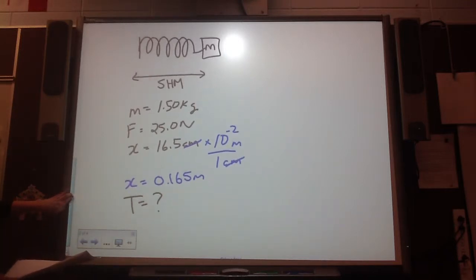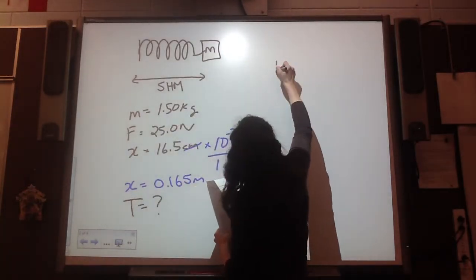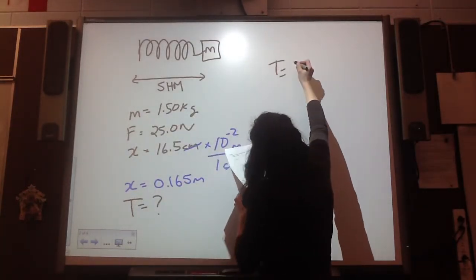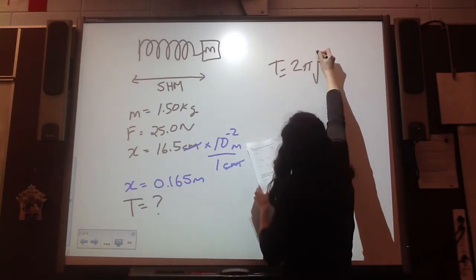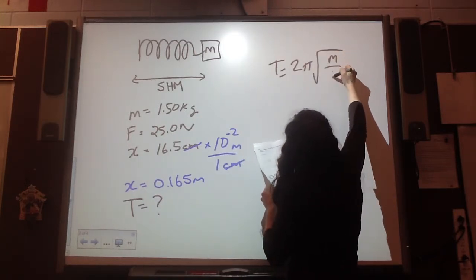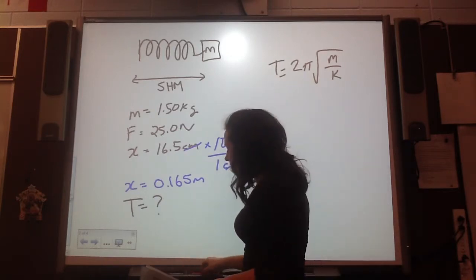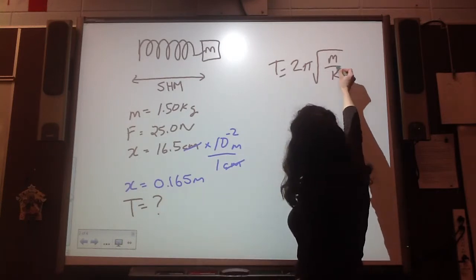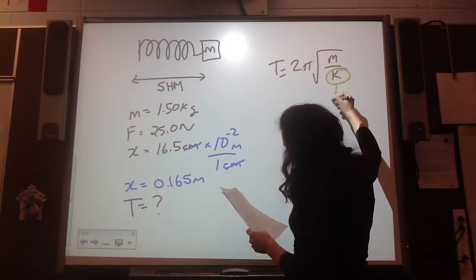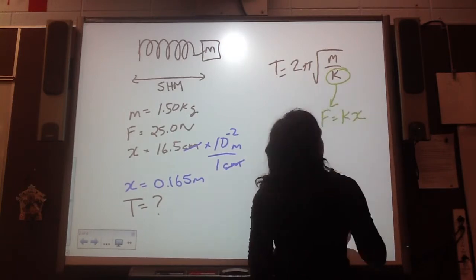So let's make kind of a roadmap of how we're going to calculate this. Well, we know our T formula for our spring is T is equal to 2 pi times the square root of m over k. Well, for my spring, I can find out k by using my F is equal to kx formula.